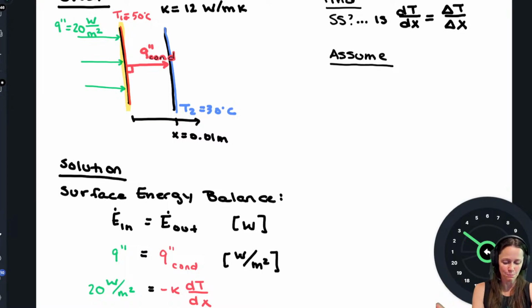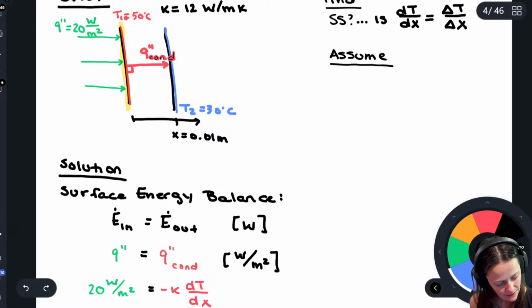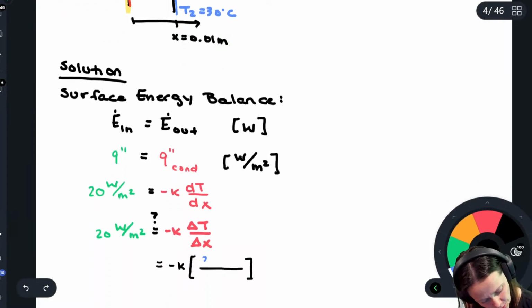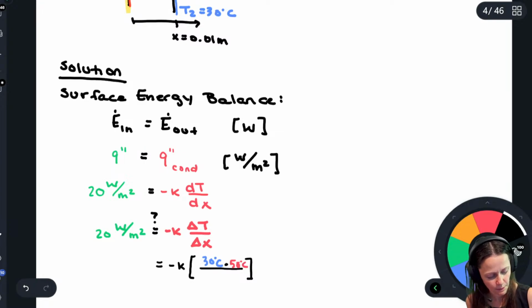So 30 degrees minus 50 degrees, and then over the thickness, which is 0.01 meters.